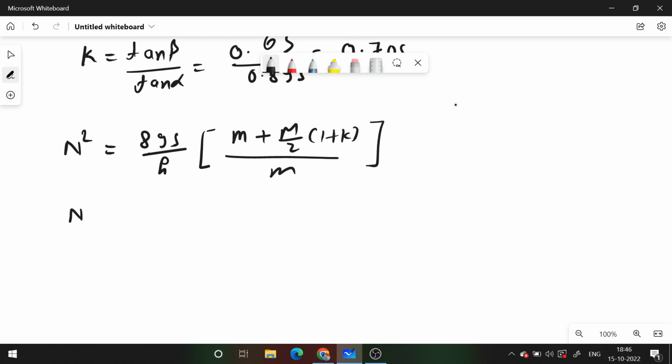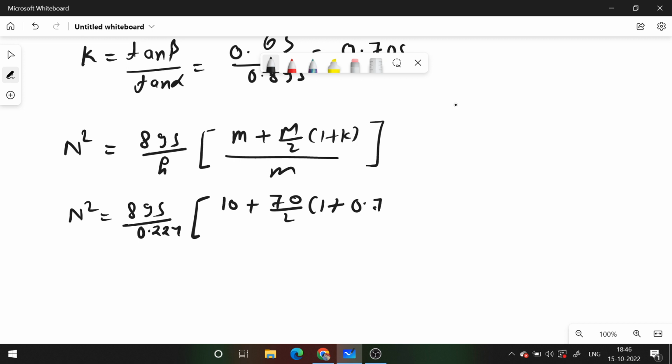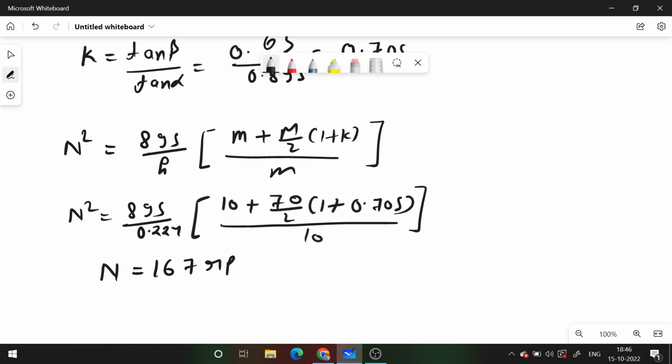Now solving this, 895, h is 0.224 meters, small m is 10, capital M 70 by 2, 1 plus 0.705 divided by 10. So from here equilibrium speed will be 167 rotation per minute. Okay.